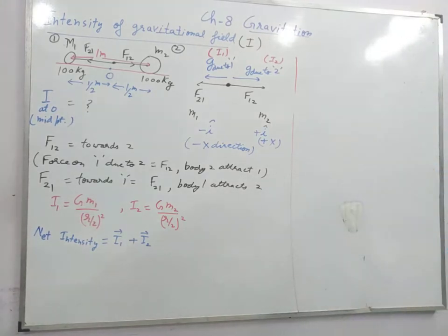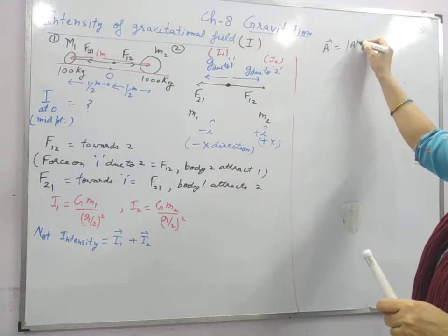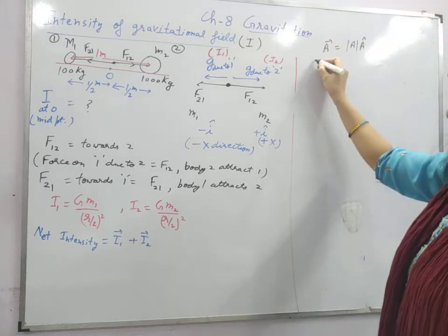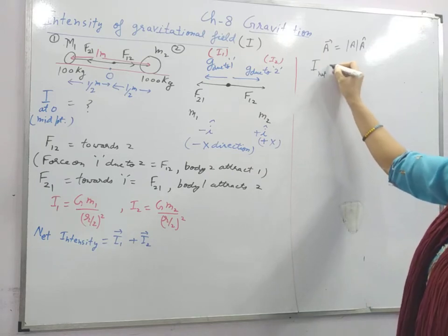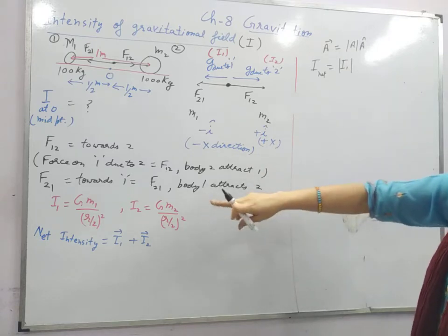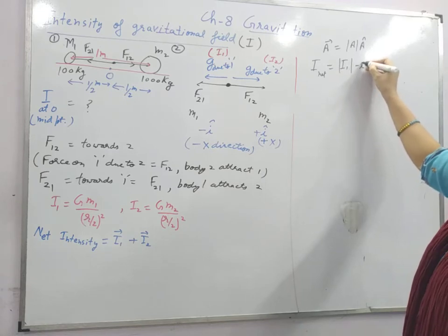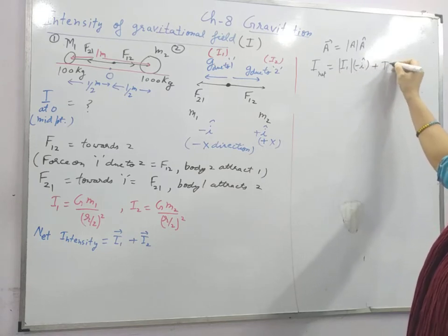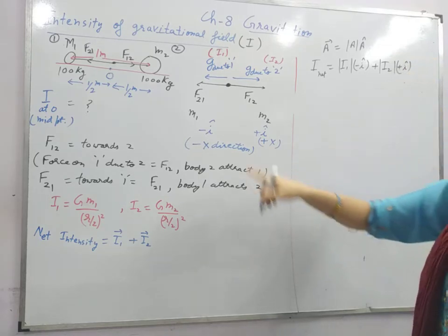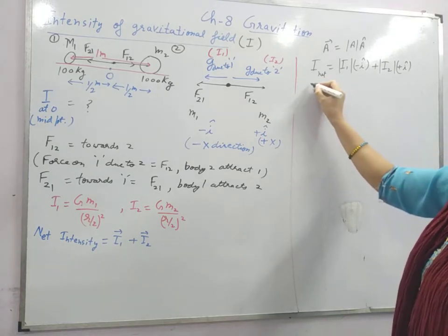So vector A is written as magnitude of A into direction of A. Now we are writing net intensity is equal to magnitude of first intensity into direction of first intensity, minus i cap, plus magnitude of second intensity into direction of second intensity, that is i cap. I'm just putting the values, and you will get to know what the answer is.